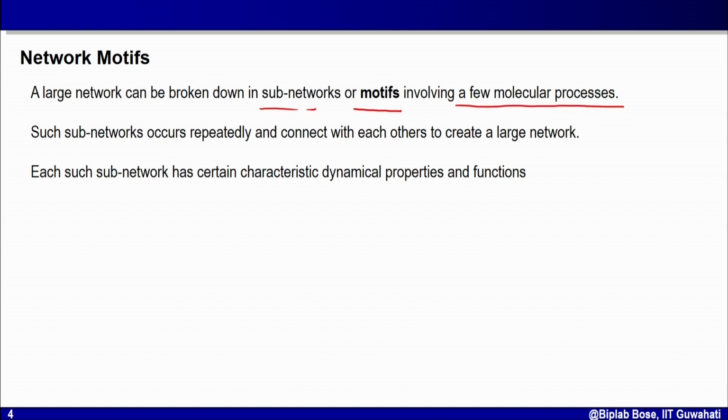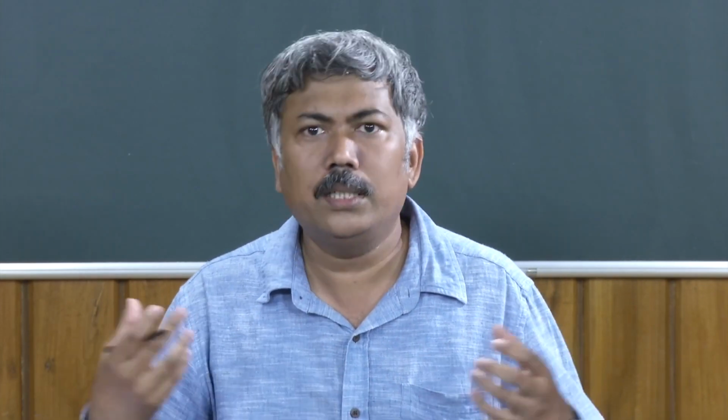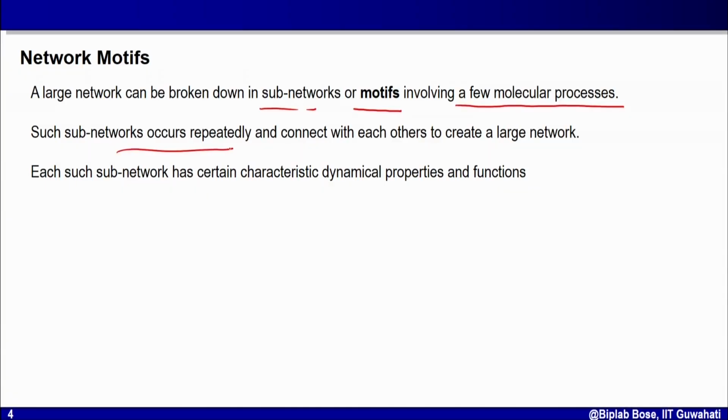One interesting thing about these motifs is that if you analyze multiple large networks, for example a human cell line's transcriptional control network, or the transcriptional network in E. coli, which are quite large and involve thousands of molecules, and you break them into sub-networks, you will find that these sub-networks are a handful in number, but they keep repeating. These network motifs are repeated and connected together to create a large network.